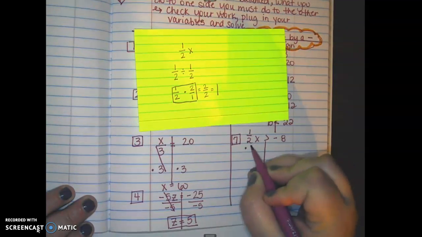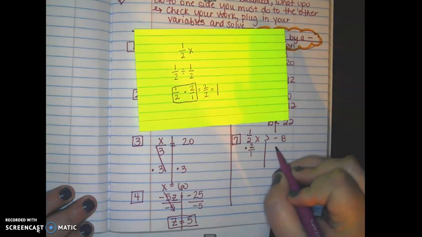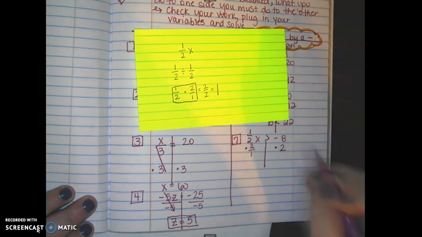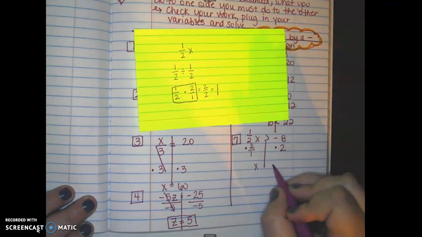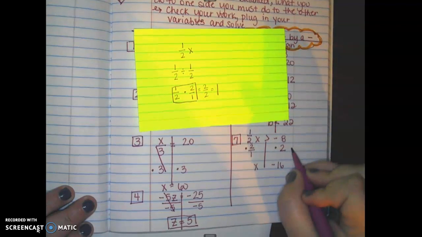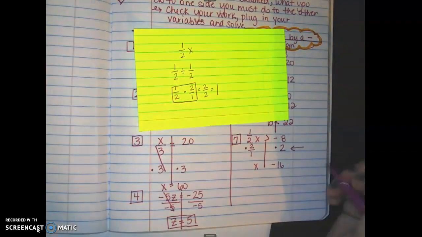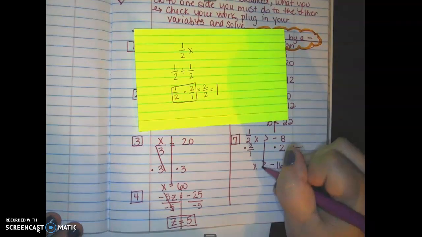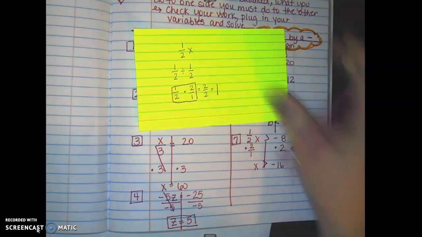So we're going to multiply times 2 over 1, which is the same as just multiplying times 2. Negative 8 times 2 is negative 16. In this step, did I multiply or divide by a negative? No. So I'm going to keep my sign the same. Now there was a negative in the first part, but I multiplied the negative 8 by the 2, not the other way around.